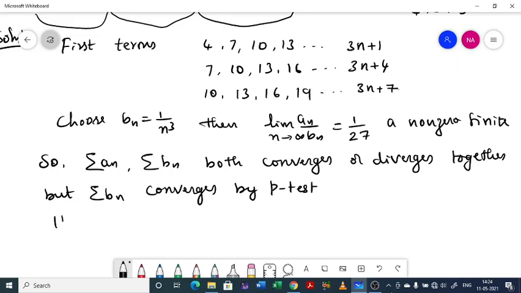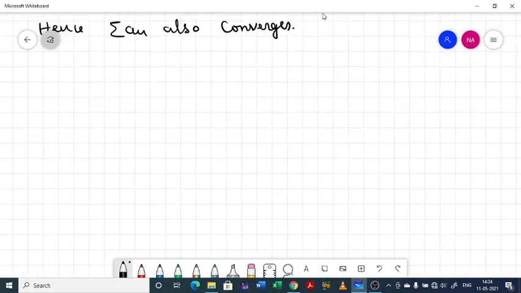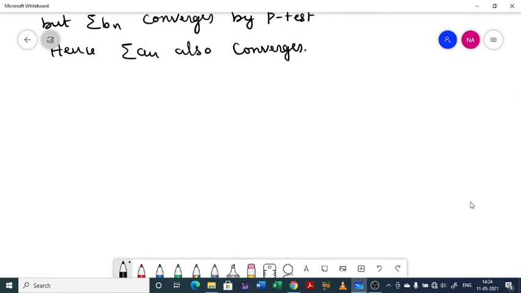Hence summation an also converges. So that solves problem C. Next, problem D.